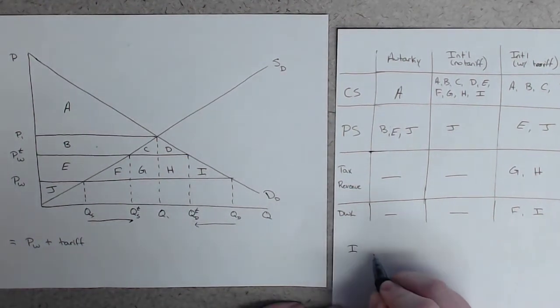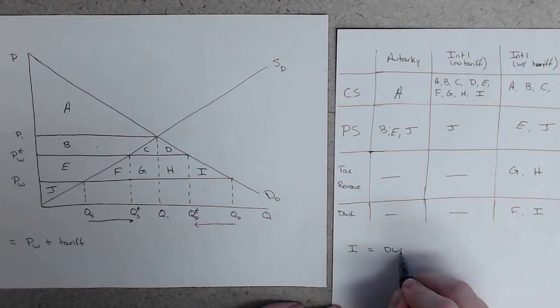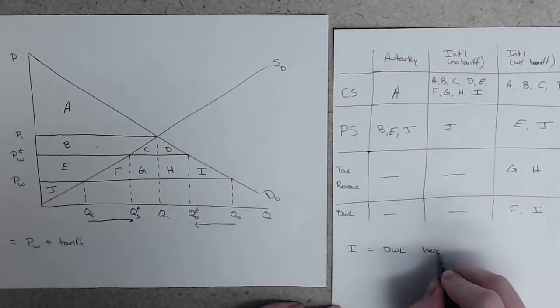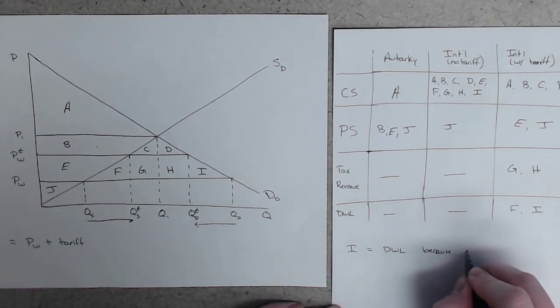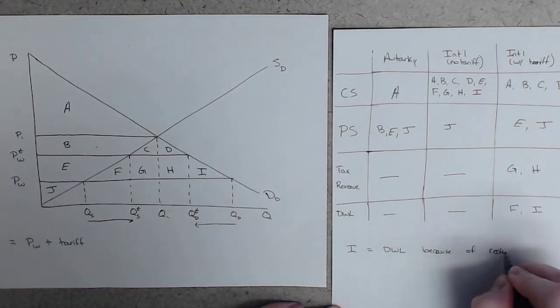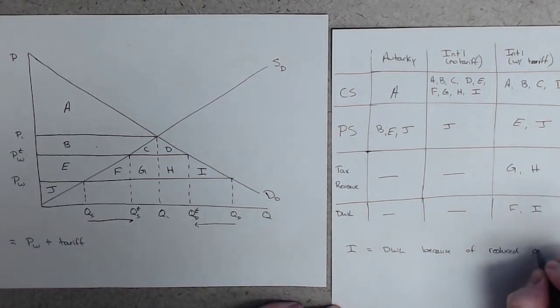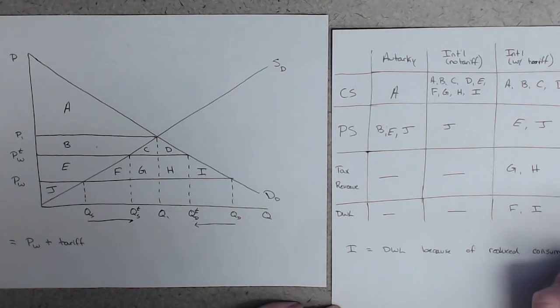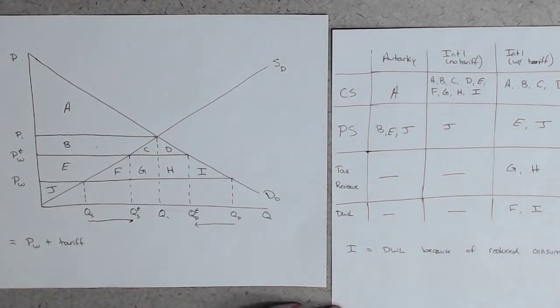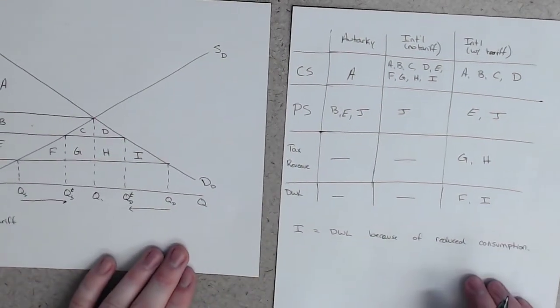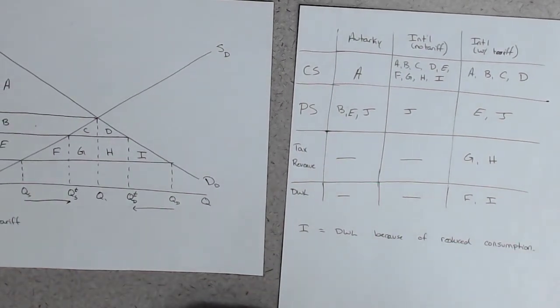I equals deadweight loss because of reduced consumption. There can't be surpluses for things that aren't bought and sold. So I is a deadweight loss because of reduced consumption.